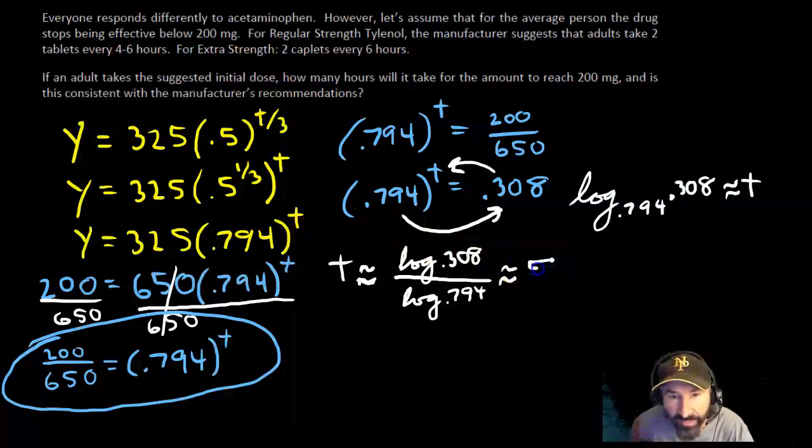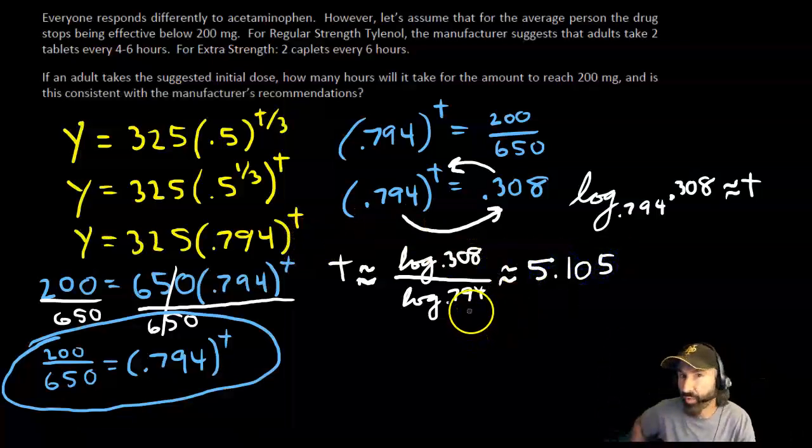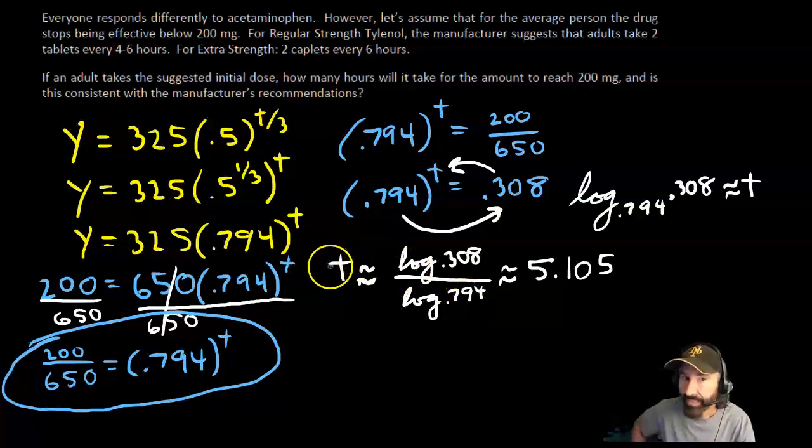5.105. Now, what does that 5.105 mean again? It's t, and what's t? It's the number of hours.